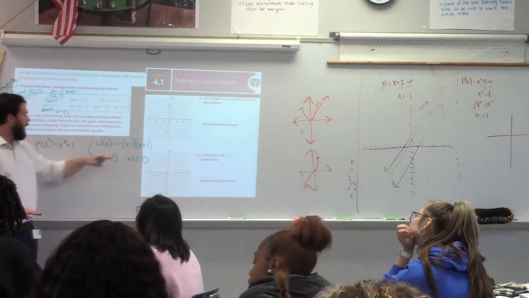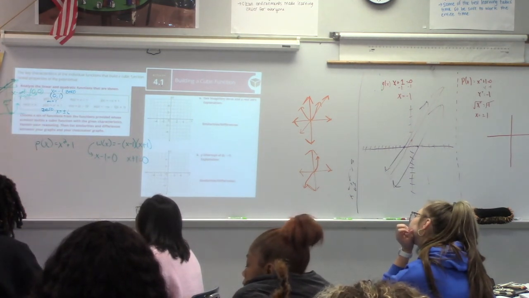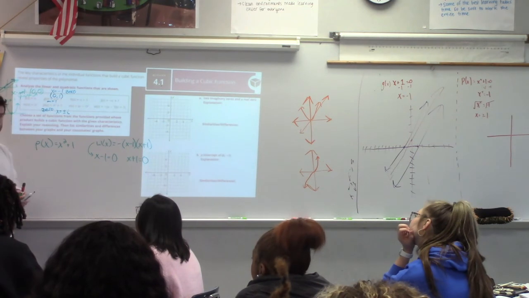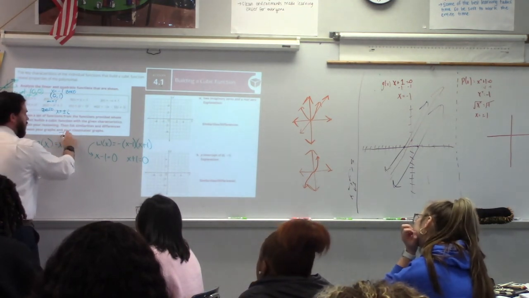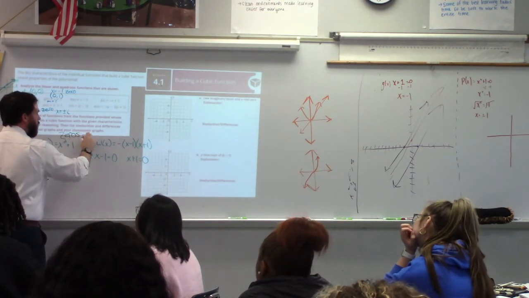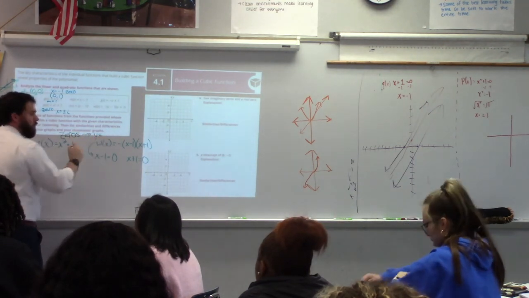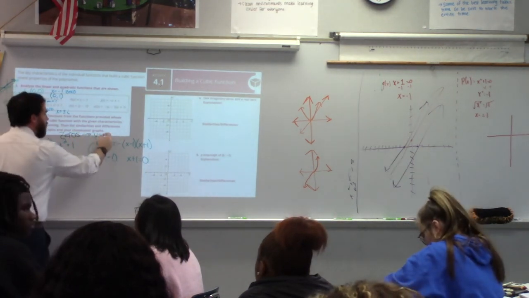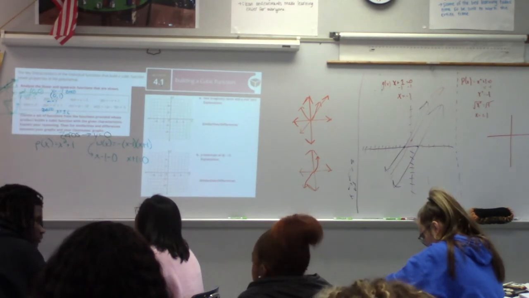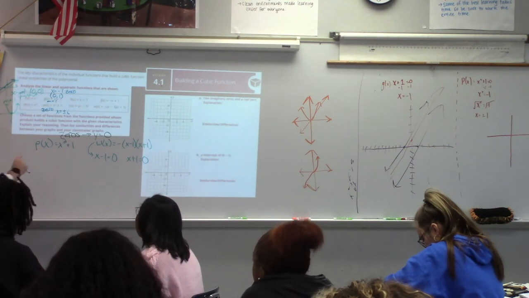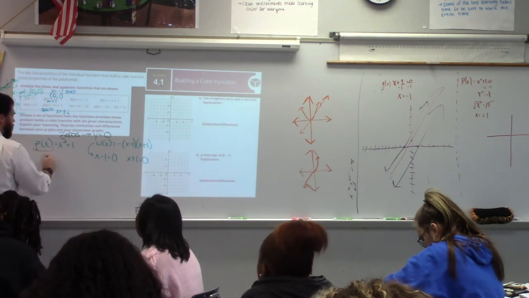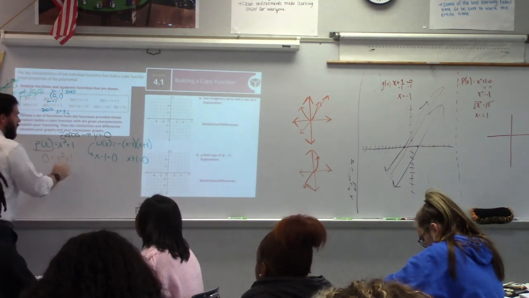You don't have factors here to set equal to 0, but you're looking for what again? You're looking for zeros. So what do we know? y should equal 0. Go back to those foundations, slow down, and do those basics first. The reason I bring that up is right here, 0 is equal to x squared plus 1.